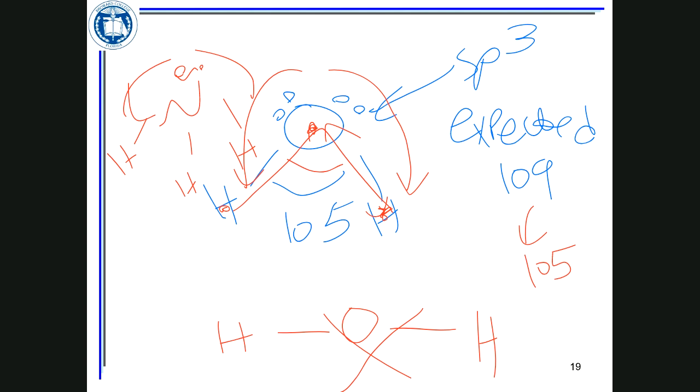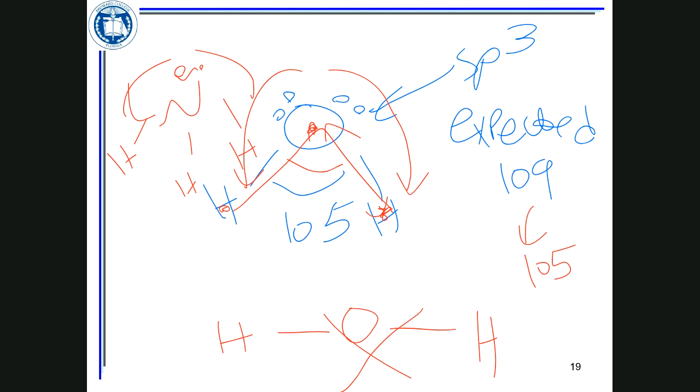So first, you determine the sp3, and in order to determine the sp3, you must have the Lewis structure, because the Lewis structure shows the pair of unshared electrons on the central atom. You don't worry about the pairs of unshared electrons on other atoms, but for the central atom, you need to have the pairs of unshared electrons, and you count them as electron domains.